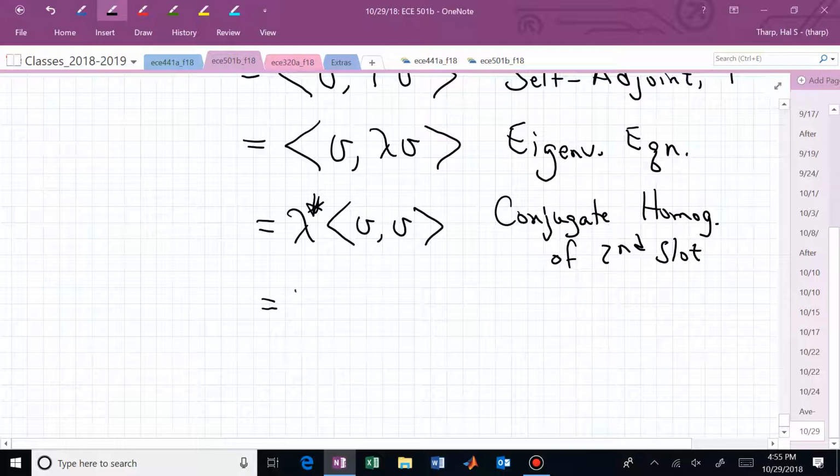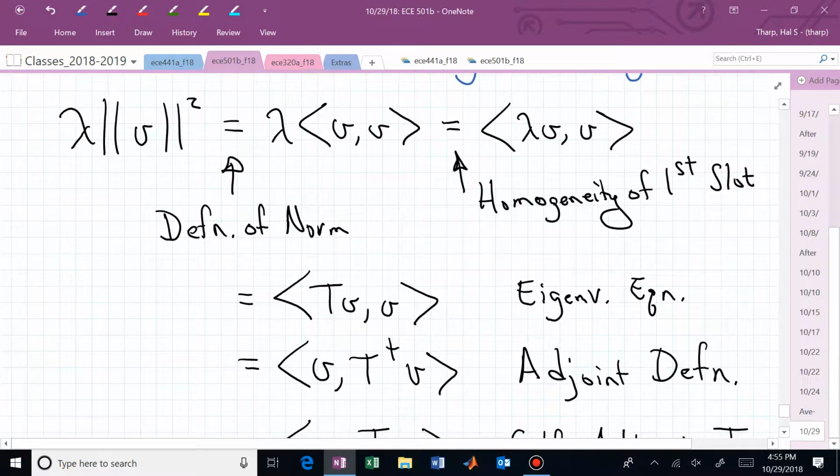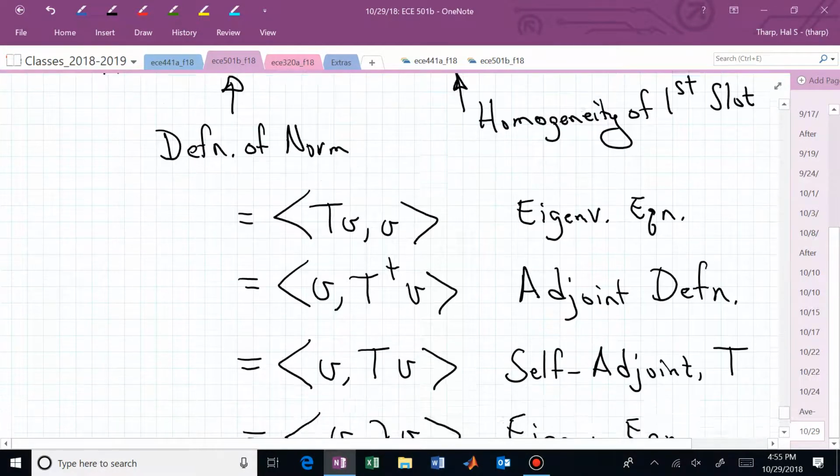But that now I can write as lambda star the norm of v squared. And that is almost what I started with. I started with lambda norm of v squared.